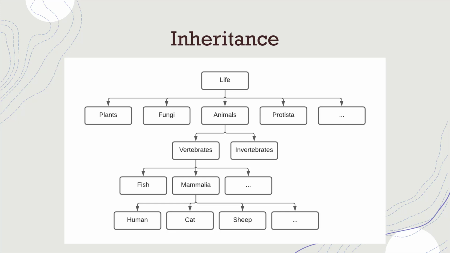Within mammals, then we have humans, cats, dogs, and many more species or classes. All vertebrates, in fact, all animals and all life, have a reproduction function. It is one of those functions that comes with life and then gets edited and specialized as it goes through the chain of inheritance.